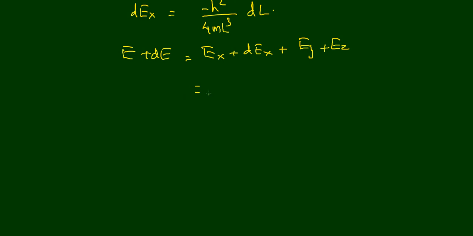Ex in this case is h square divided by 8 ml square because nx is equal to 1. Okay, so h square divided by 8 ml square plus dEx is equal to minus h square divided by 4 ml cube dl. Okay, and Ey and Ez.